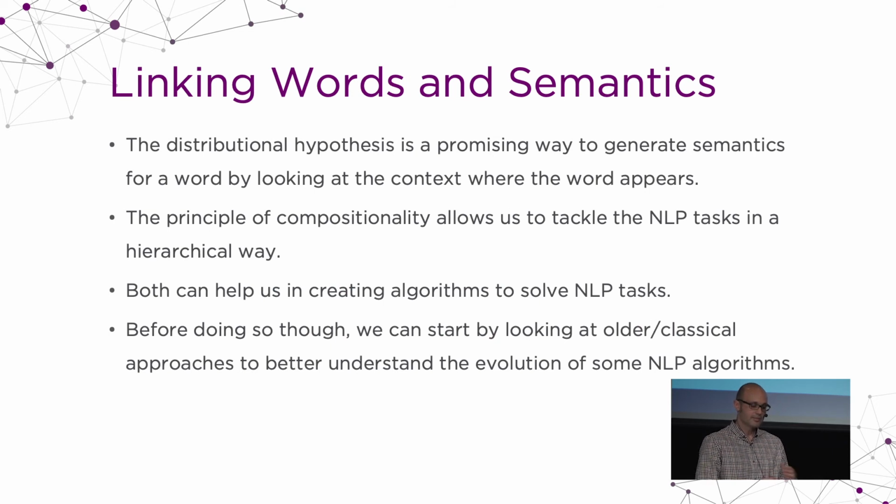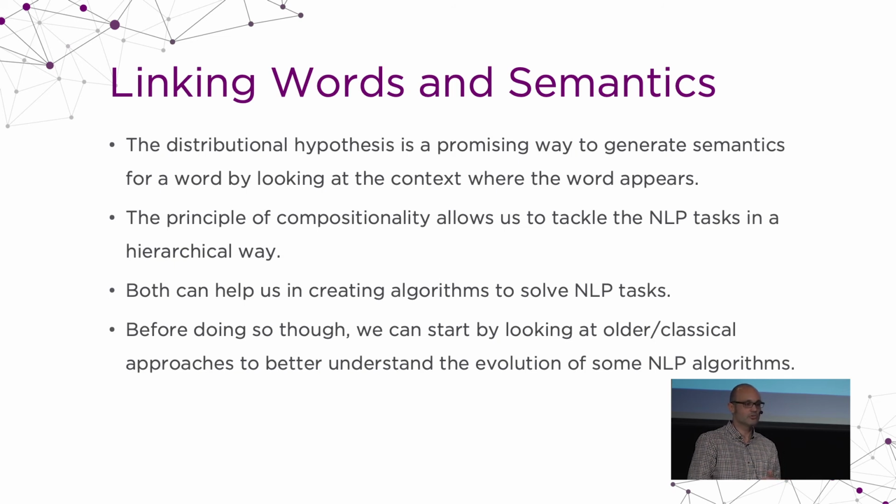Okay, so both these ideas, the distributional hypothesis and the principle of compositionality, can help us to solve NLP tasks, and in particular to try to link words to semantics. The distributional hypothesis is helping us because it's creating this link between words, context, and semantics.